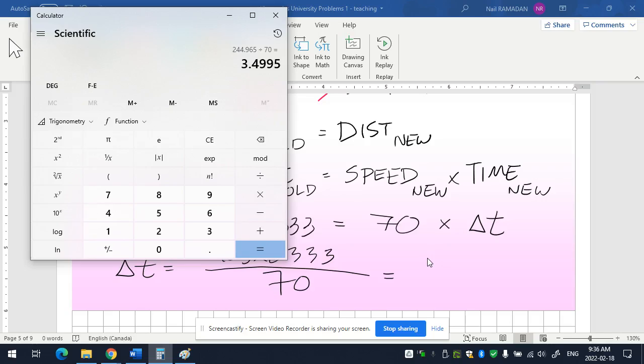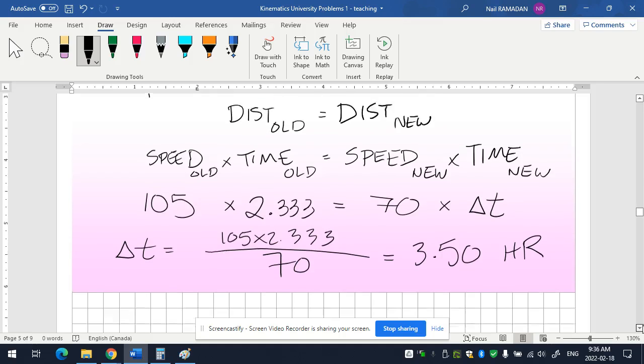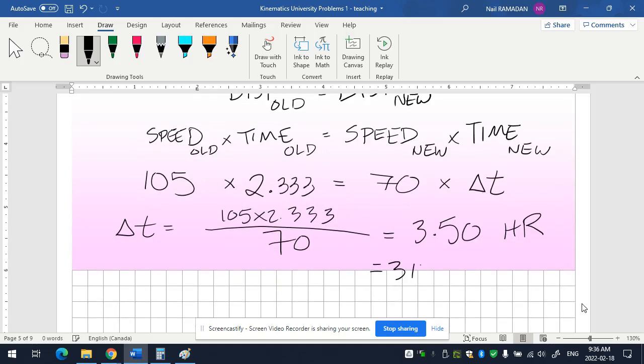Obviously, if I give you a problem, it would be with more sig figs. Let's take three sig figs. So 3 point 5. Apparently it's going to take you 3 hours and 30 minutes, or 3.5 hours. That makes sense because it's longer. Makes perfect sense.